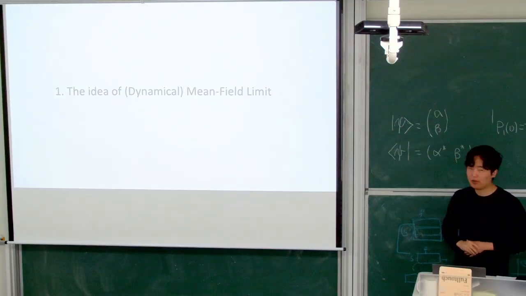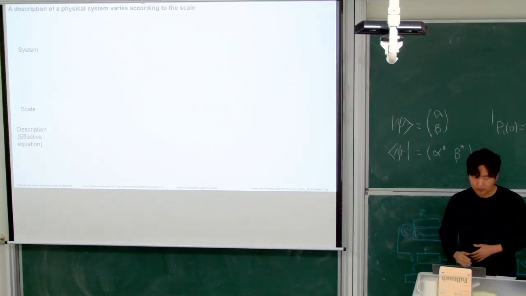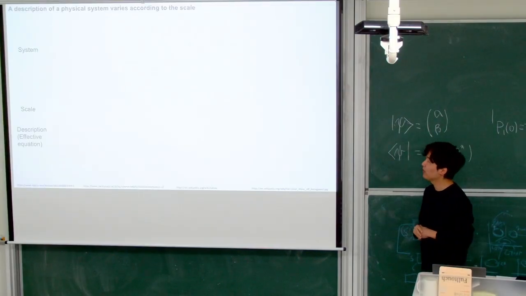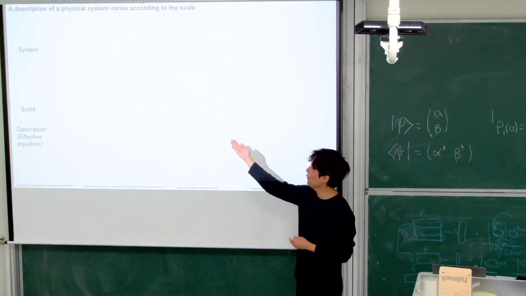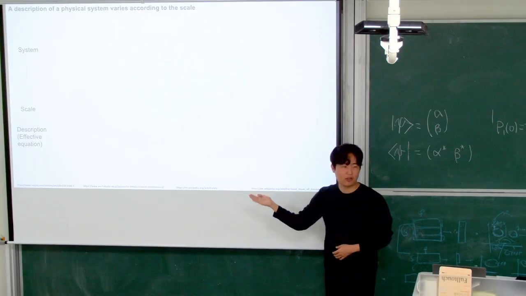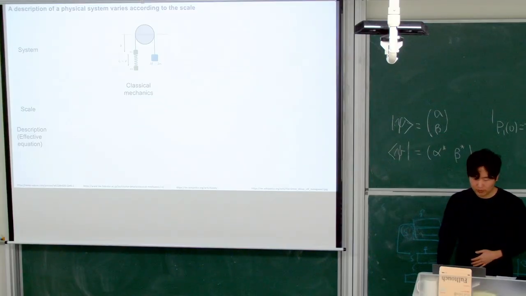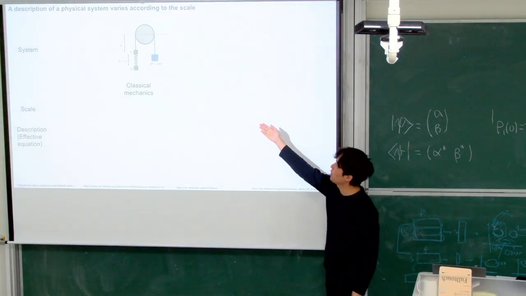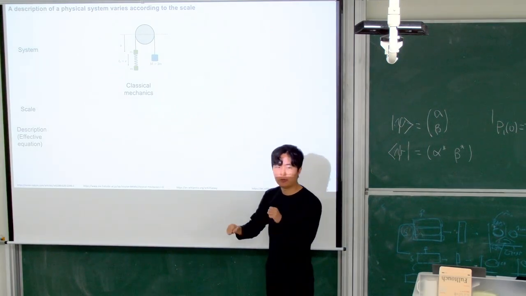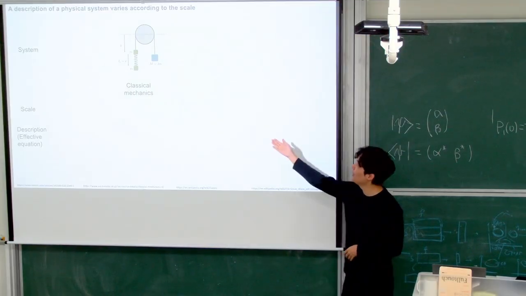So let's begin with the basic concept of the mean-field limit. We are going to look at three things: we have a system, we have a scale, and its description. The description is usually an equation. So for instance, classical dynamics or classical mechanics covers the objects that we can observe in our real life.